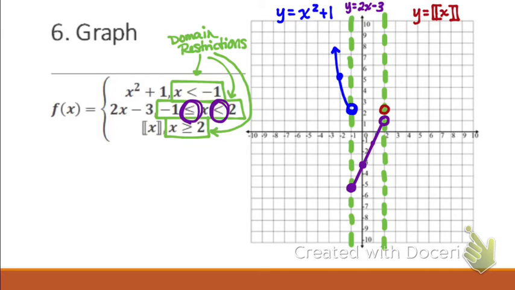Is this going to be open or filled in? Closed. We had the or equal to right here. And on the greatest integer function, it is closed on the left and open on the right. This is going to extend over, and I'm going to have an open circle here. Everything under 3 years old, they're still the 2-year-old. Does that make sense?